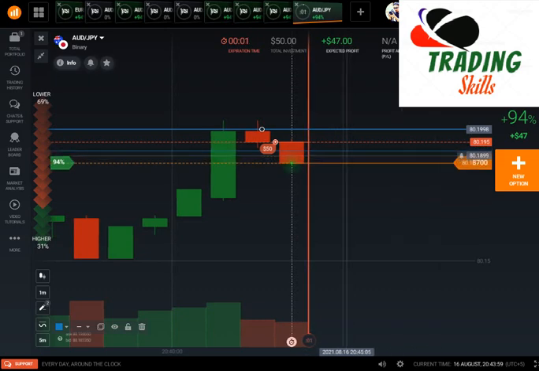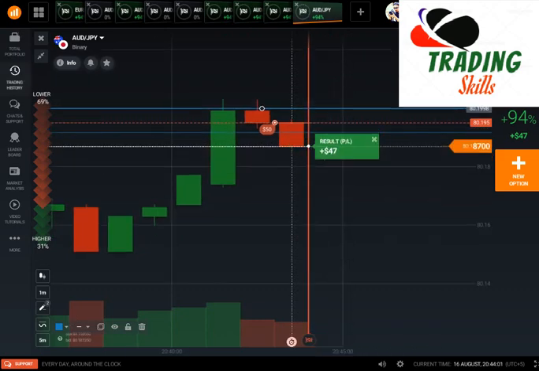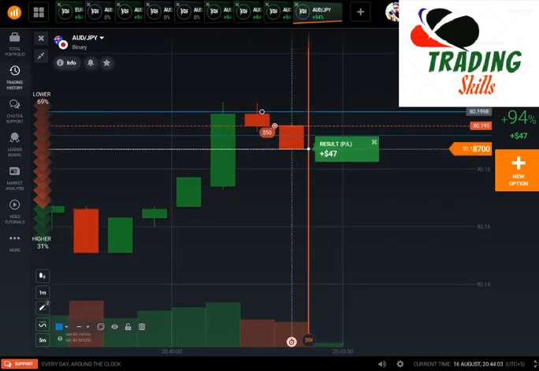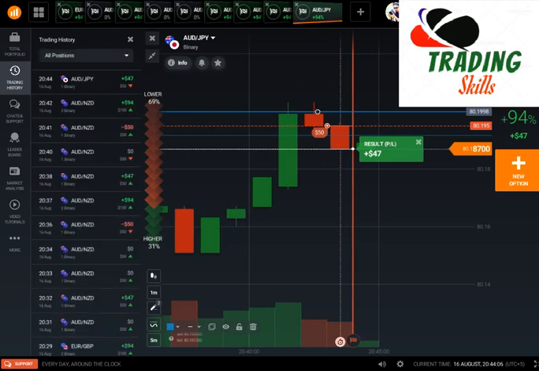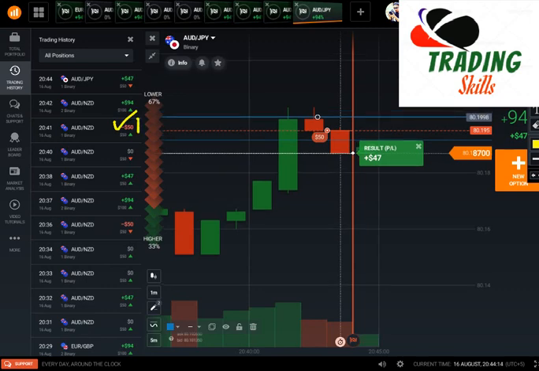So you can see again I won this trade, and now you can see here this is my trading history. I lost this trade here only because of late entry. Otherwise this was the only loss which I got in this session.